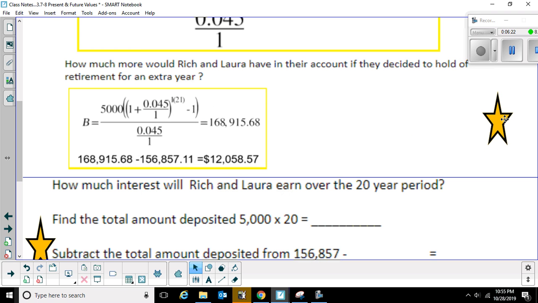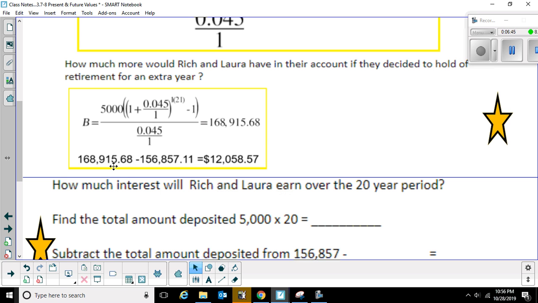It would look a little bit like this, where I have my principal, the information I have in the parentheses, and I'm dividing that by my rate and how many times I'm compounding it. The value I'm going to get is $168,915.68.